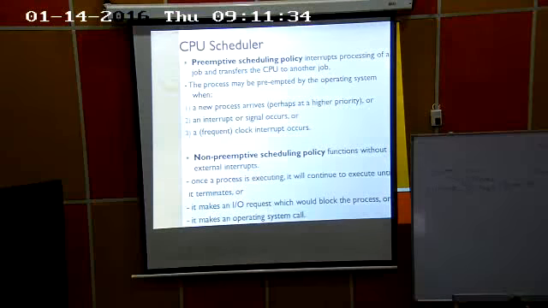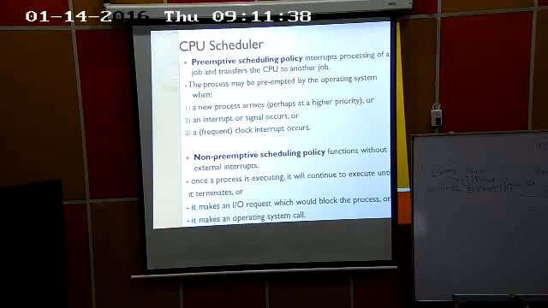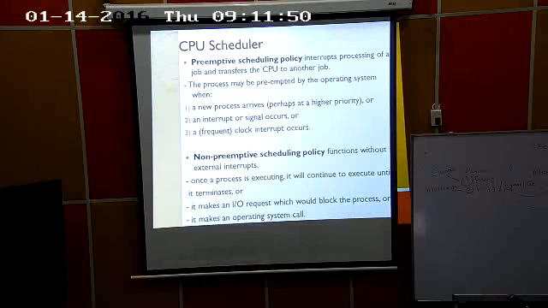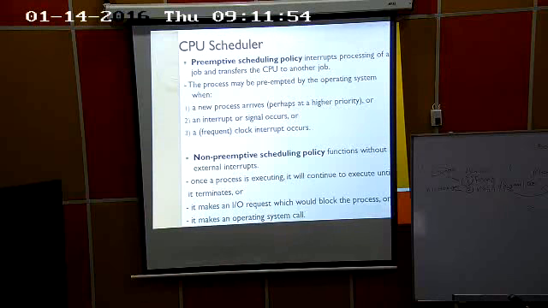This is the processor. In processors we have the flow, the states. What states are there? New, ready, run, and wait.